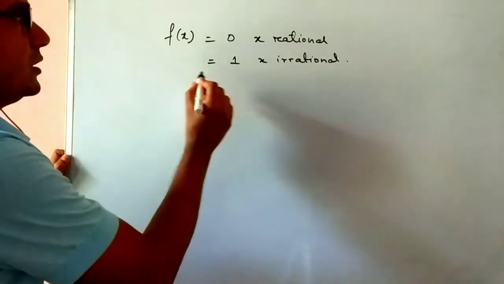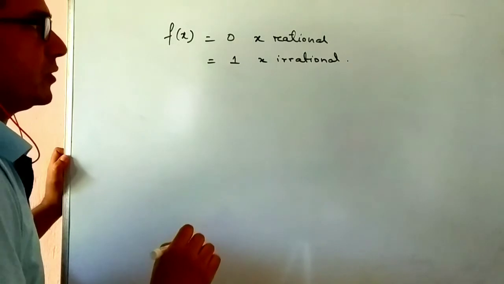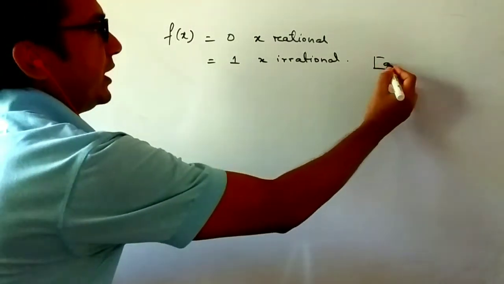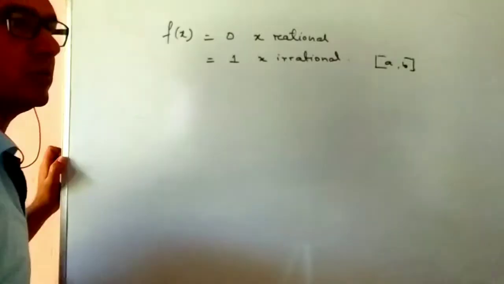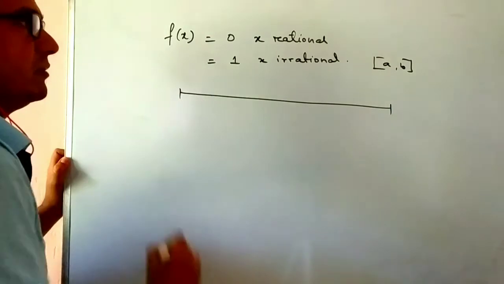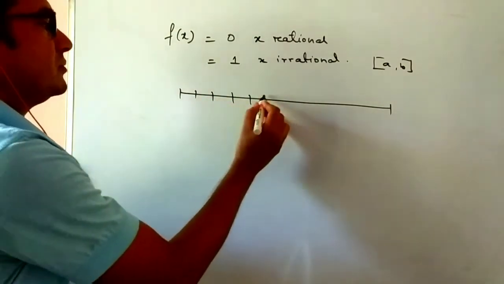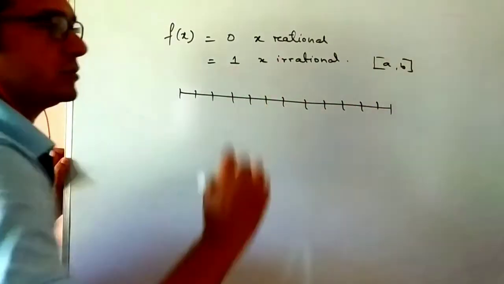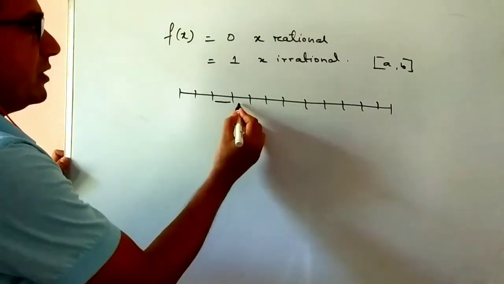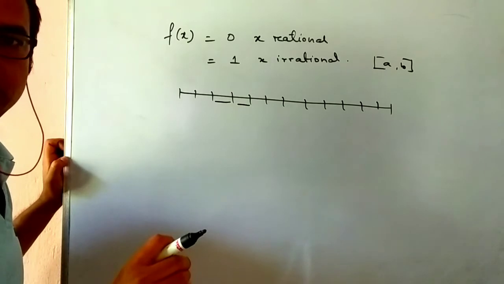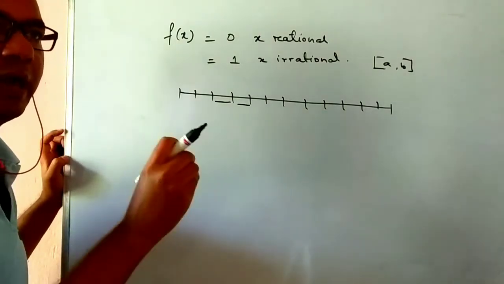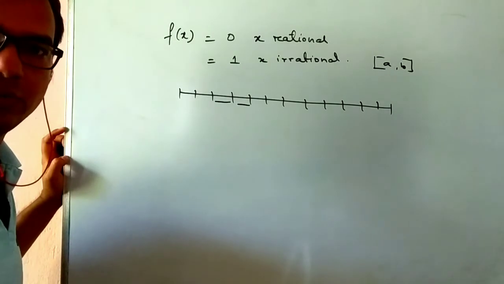So for the Riemann integration on any interval [a, b], if we partition this interval by any number of points, we know that each subinterval contains infinitely many rational points as well as irrational points.